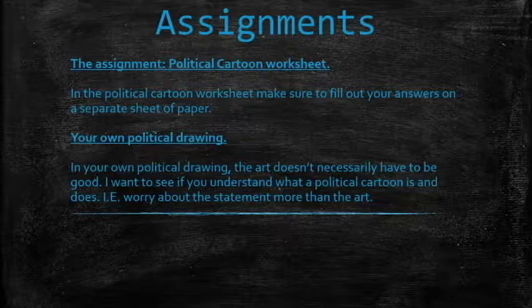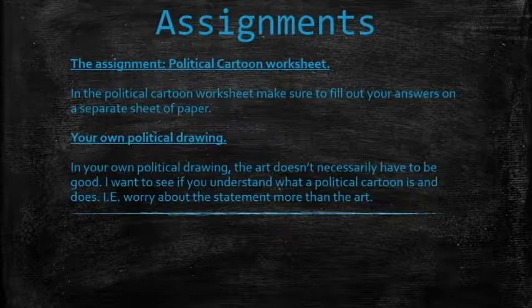As you can see on the assignment list, we have three different levels of how you're going to break down a political cartoon. Level 1 is just basic. I just want basic information. You don't need to break it down greatly at this point. Level 2 is going to be more informative. I want more information than the basic information you gave me.